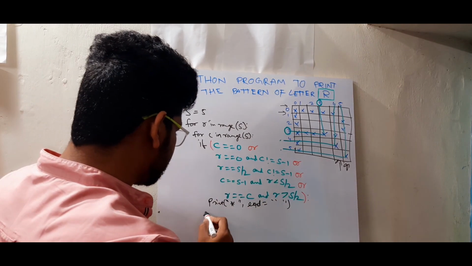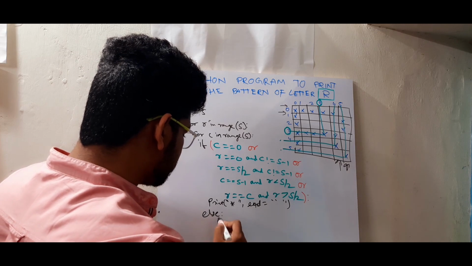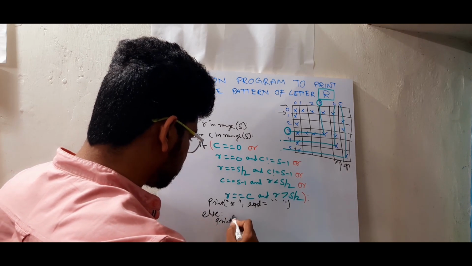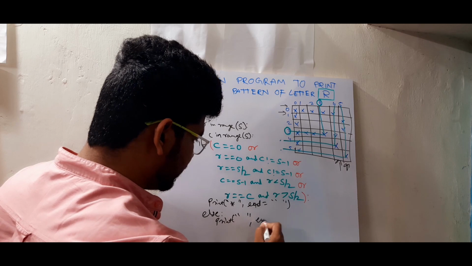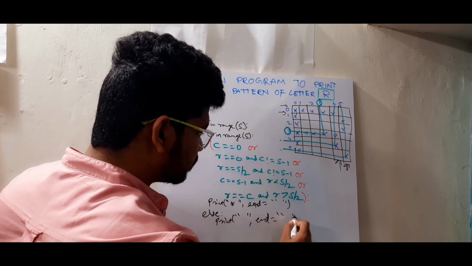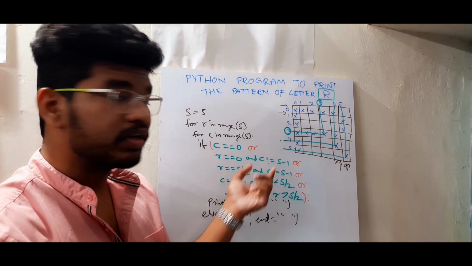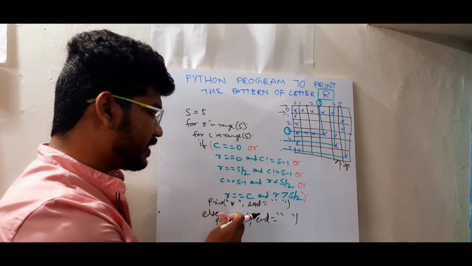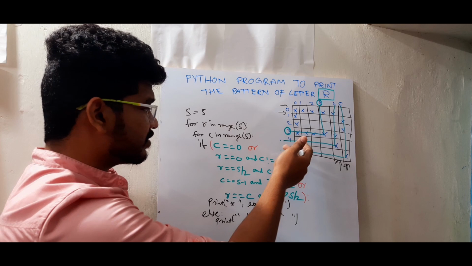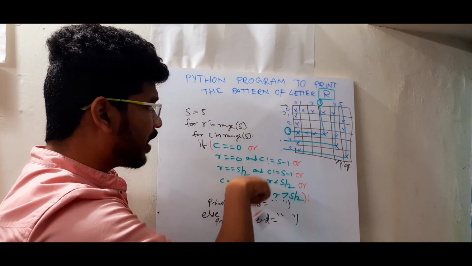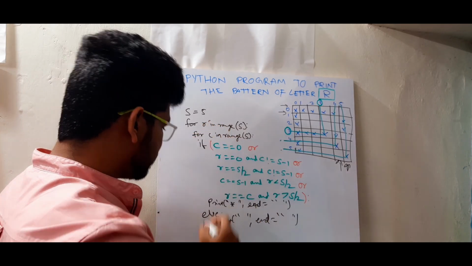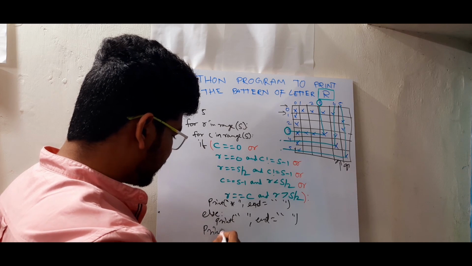So in the else condition, I'll print spaces. Even here, I'll print end equal to empty. So I have if conditions for printing stars, and the else condition I'll print spaces. These are all the cases where I print stars. And after the first for, it should go to the next line.